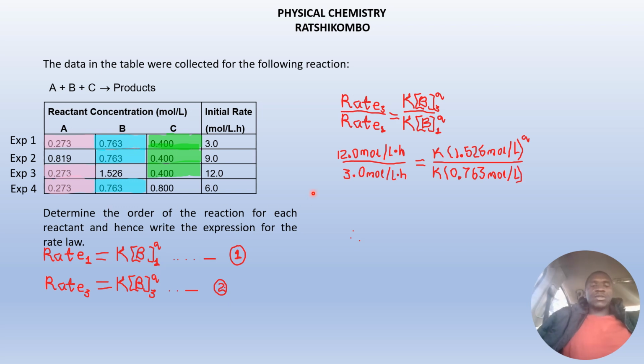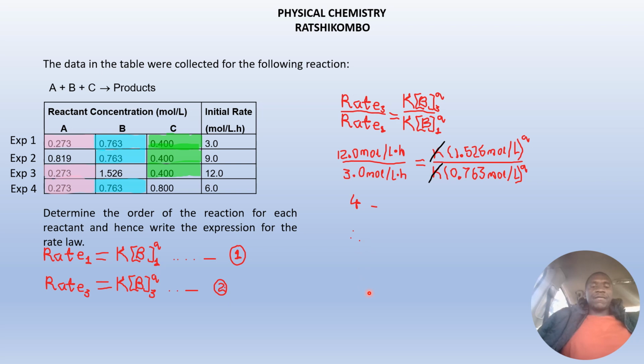So from there, 12 divided by 3 is going to give us what? By the way, K and K will cancel each other, isn't it? Right, from there, 12 divided by 3 gives us 4. And we write the equal sign. We divide this by this, we get 2. We don't forget to put the power Q like this.